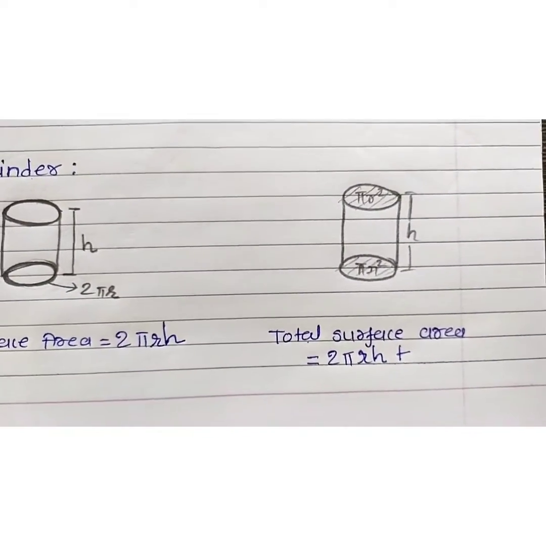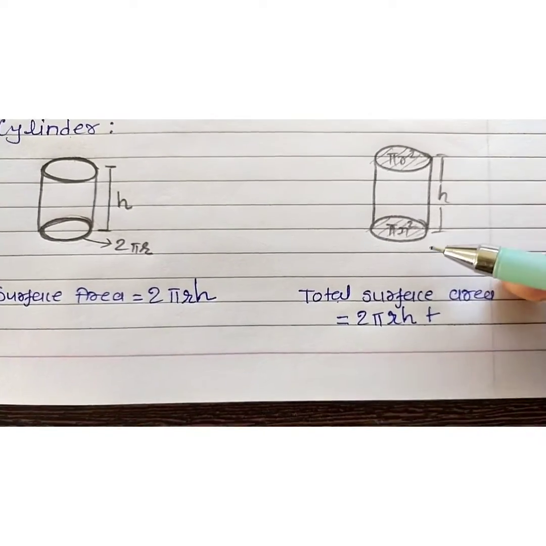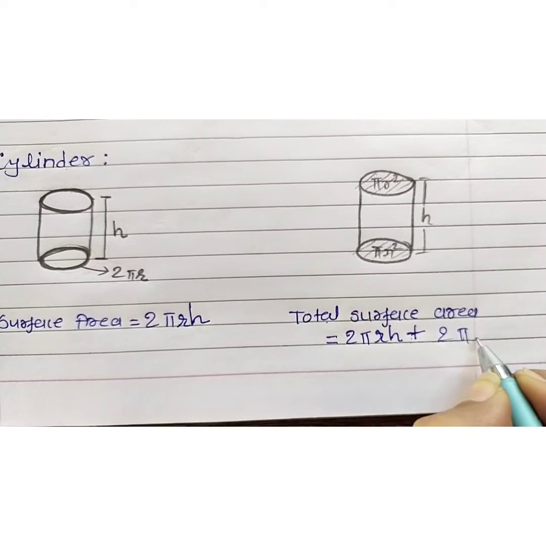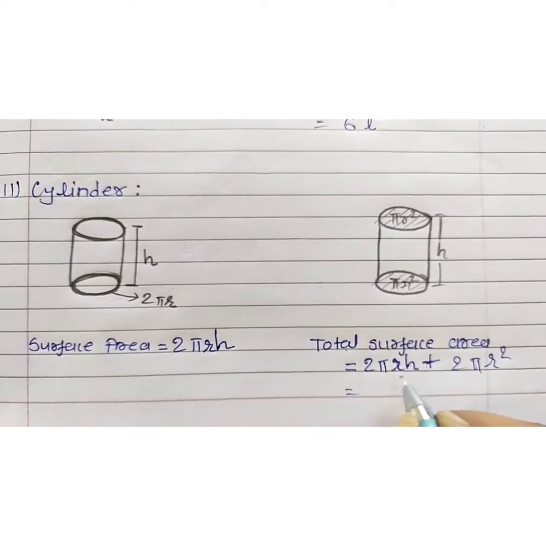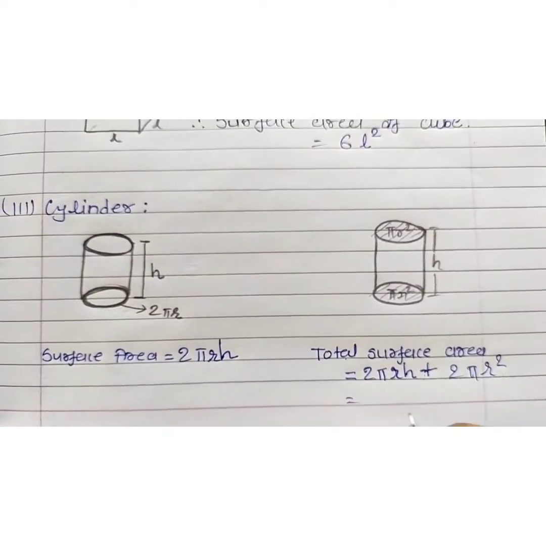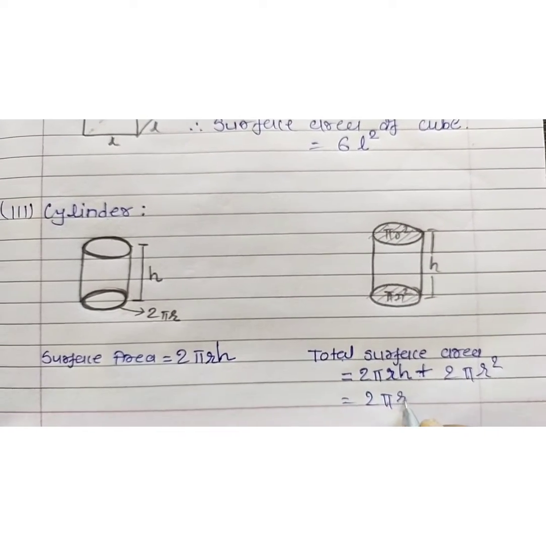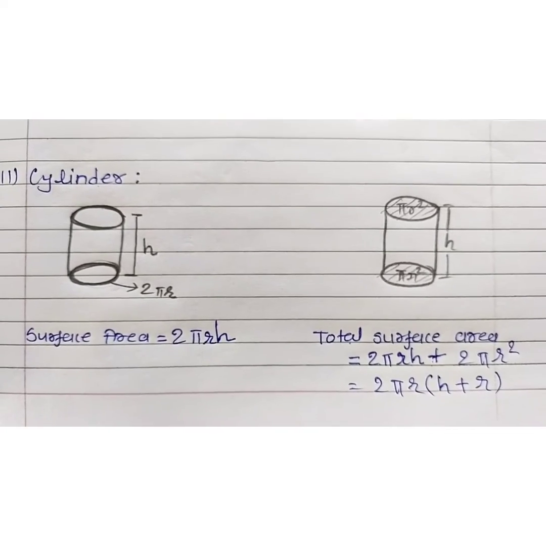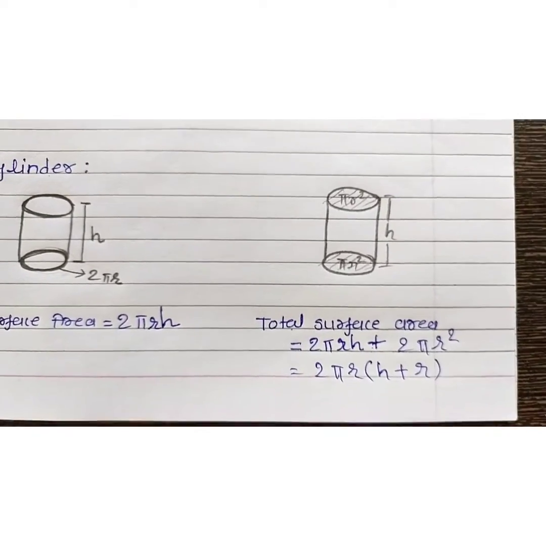Okay, so the surface area of circle is pi r square and pi r square. Here we have two circles, so we write it as 2 pi r square. So 2 pi r common, you will end with 2 pi r in bracket h plus r.